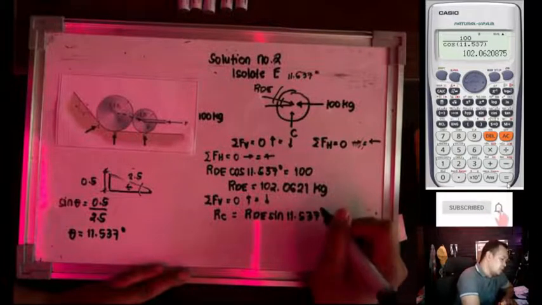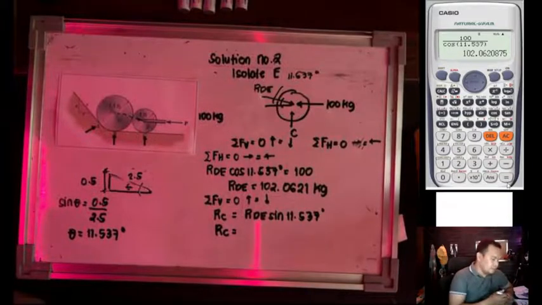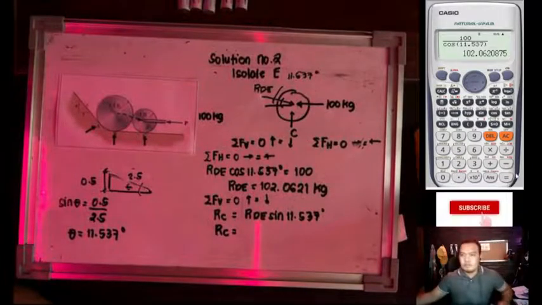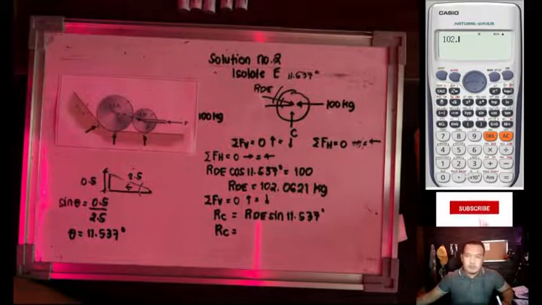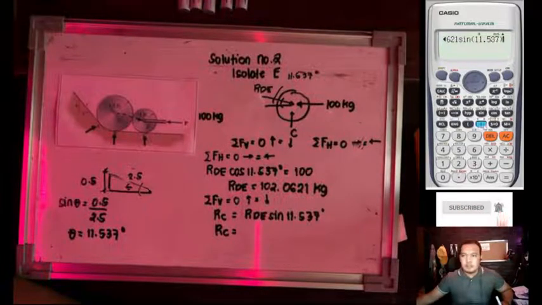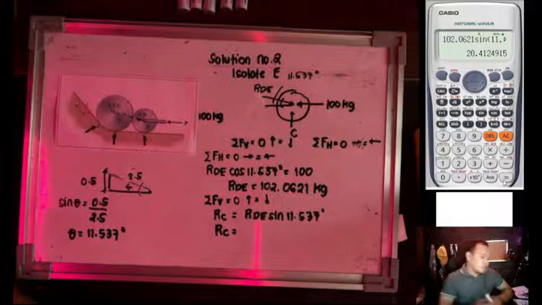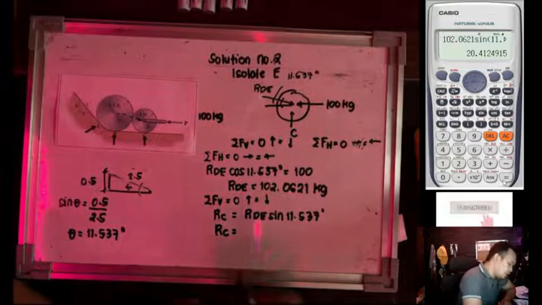So RC is equivalent to 102.0621 sine 11.537, equals.